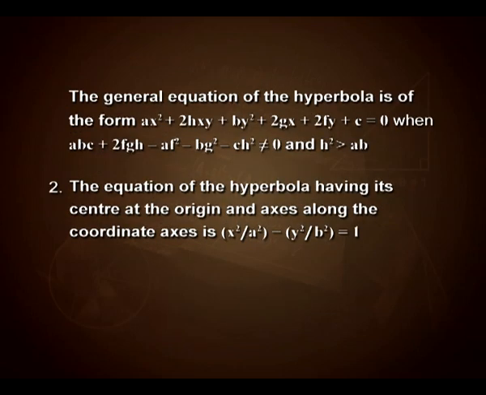The general equation of the hyperbola is of the form a x square plus 2h x y plus b y square plus 2 g x plus 2 f y plus c is equal to 0, when a b c plus 2 f g h minus a f square minus b g square minus c h square is not equal to 0, and h square is greater than a b.